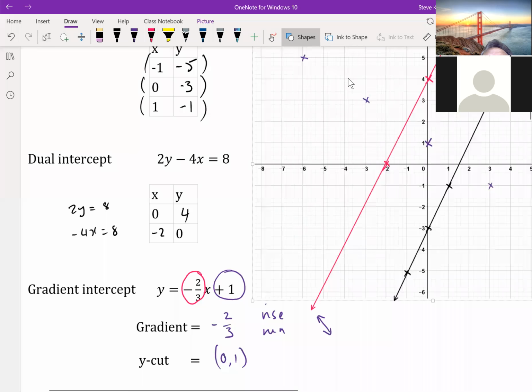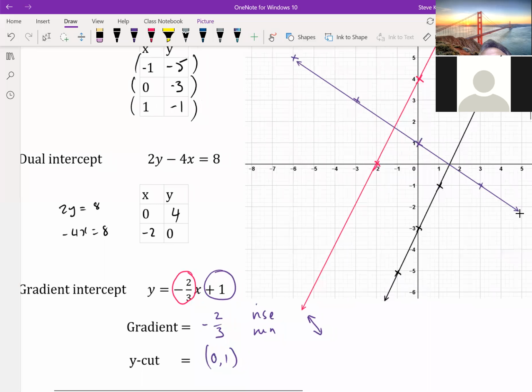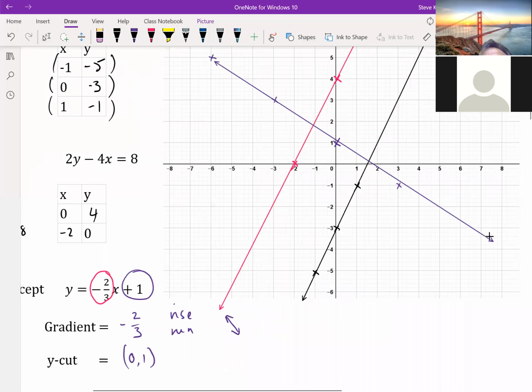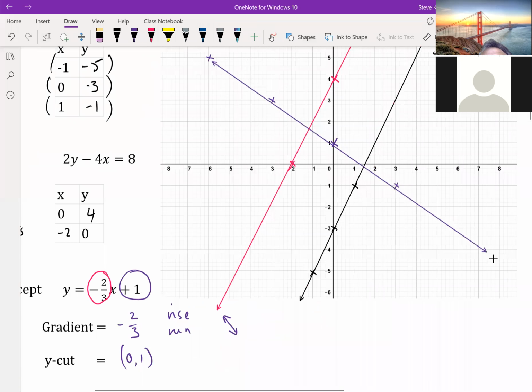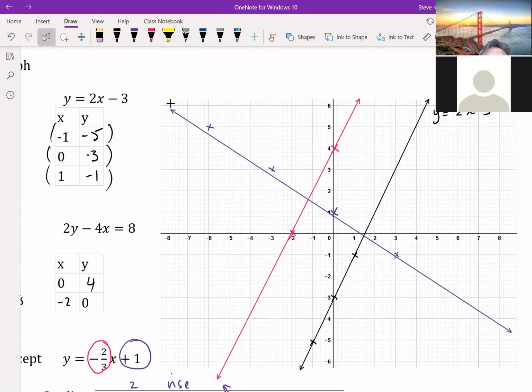I go and get my line and I simply whack it through there and extend the line out to the edge of the grid. What haven't I done so far?